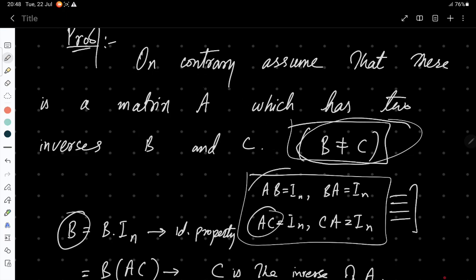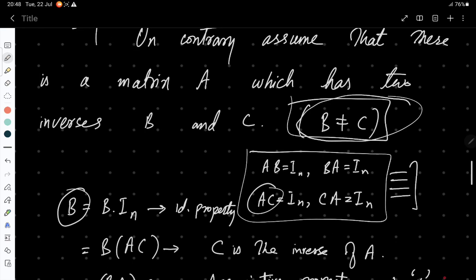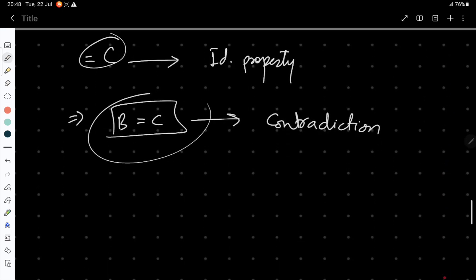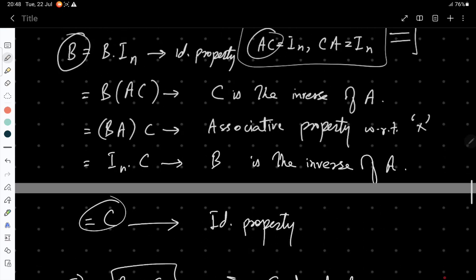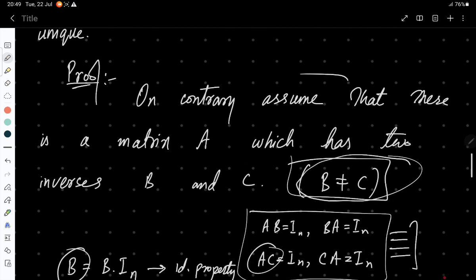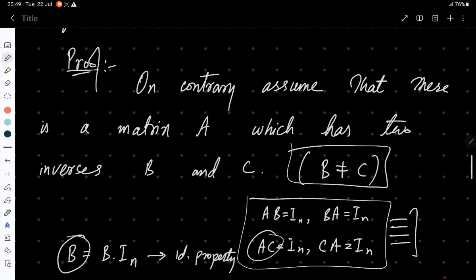And from this data, I collected this data and used it here to find a contradiction. So this contradiction is because of this assumption. When a contradiction arises because of some assumption, that means that assumption is wrong, which means our contrary assumption is wrong. Our contrary assumption was that A has two inverses.